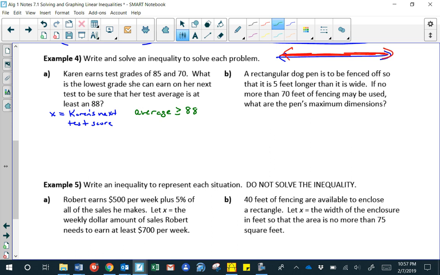Now remember how you compute an average. In order to compute an average, you'll take the 3 test grades, 85, 70, and x, and add them together, and then divide by the number of test grades. In order to solve this inequality, we can multiply both sides by 3.